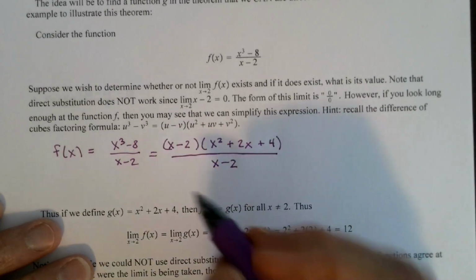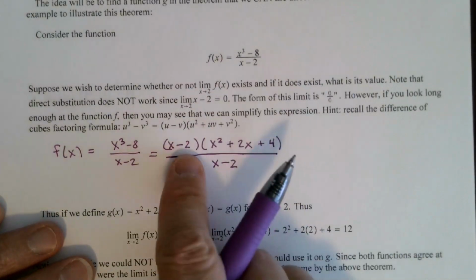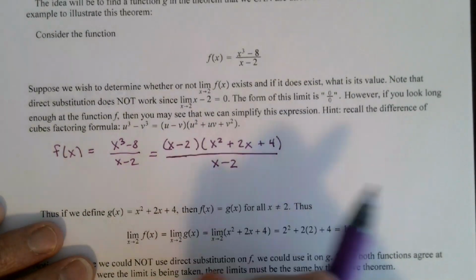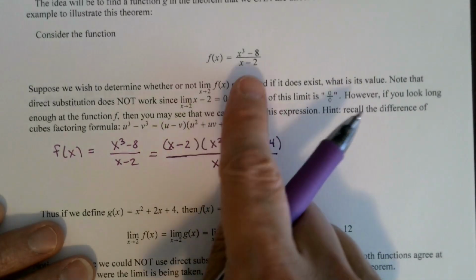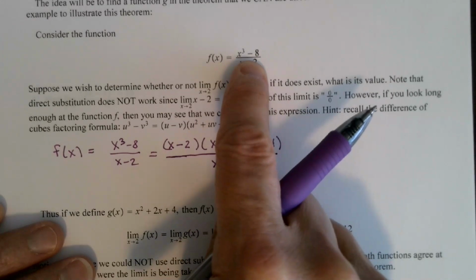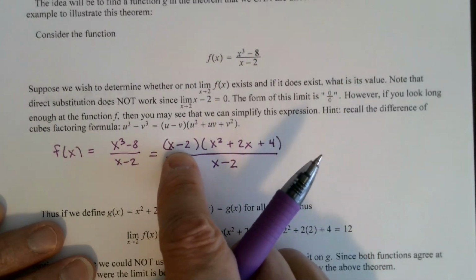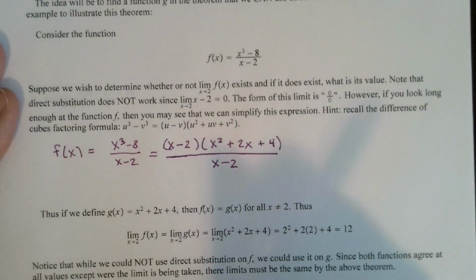That's a fact that we know from polynomial functions. So I knew already there was this factor. Okay? And that might even help when you're factoring these expressions. I knew right away x minus 2 had to be a factor, because when I plug in x equal 2 to x cubed minus 8, I get 0. So x minus 2 has to be a factor. That's true for polynomial functions.